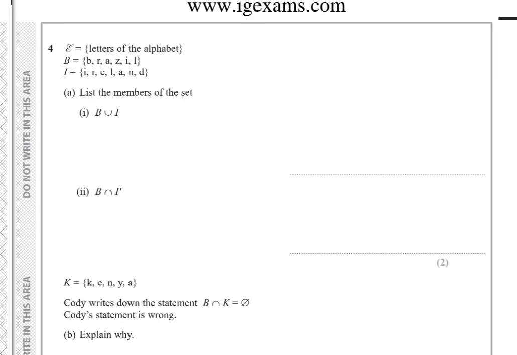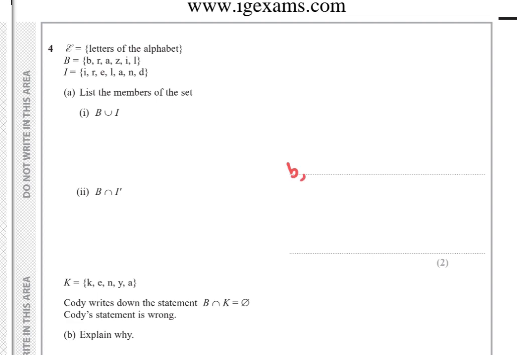Number 4. The universal set is the letters of the alphabet. B is the set of letters in BRAZIL, I is the set of letters in IRELAND. List the members of the set B union I. B union I, all the elements without repeating.